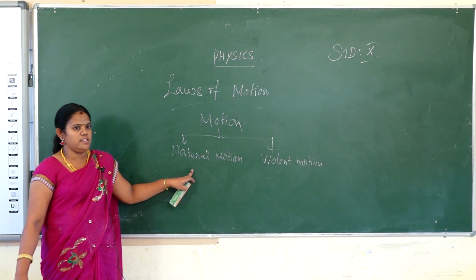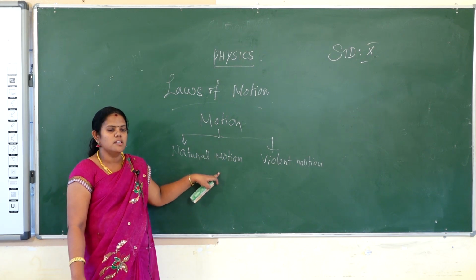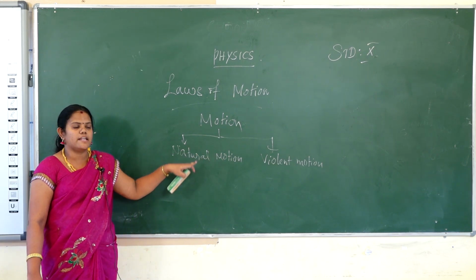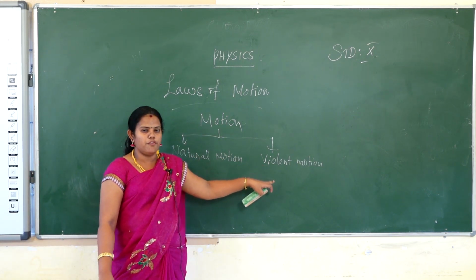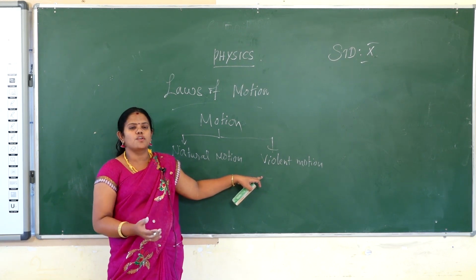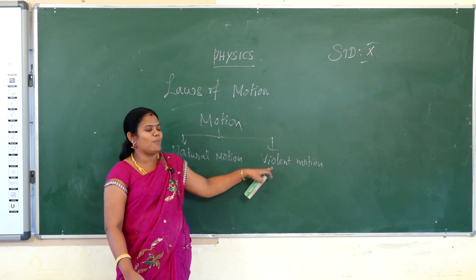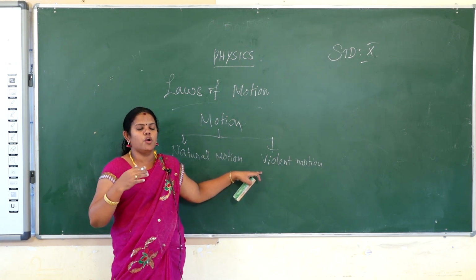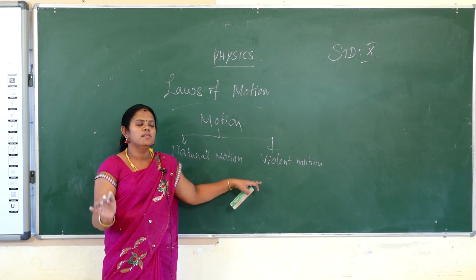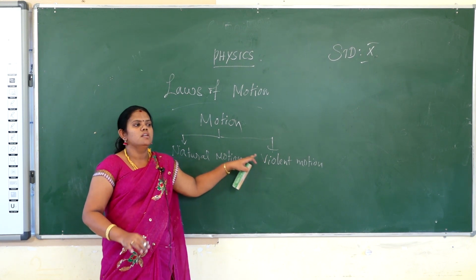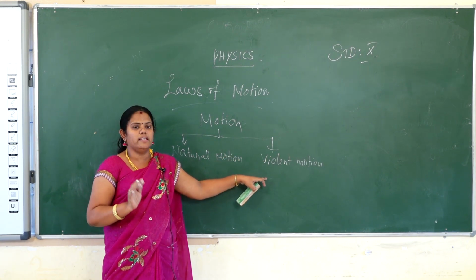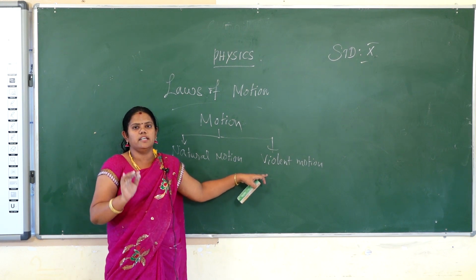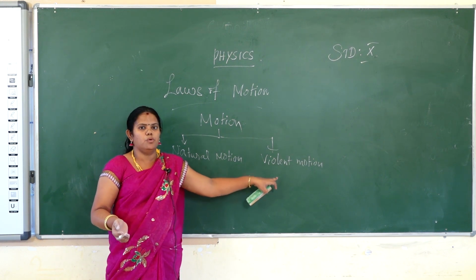Natural motion means that without applying force, the thing is moving. With applying force, according to the strength of force, the thing is moved, that is called violent motion. Naturally it is not done, only force is applied to the body and the thing moves, that is violent motion.